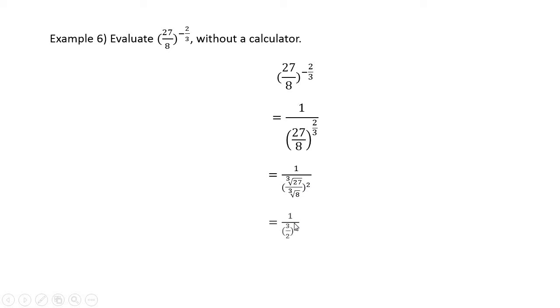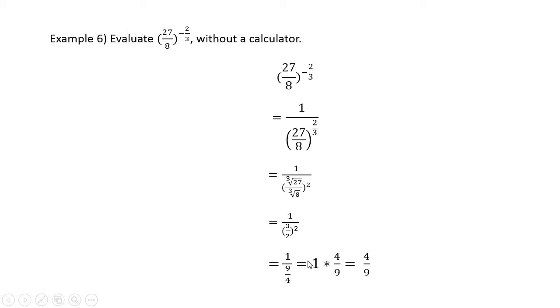The reason for that is I know the cube root of 27 is just a 3, the cube root of 8 is just a 2, and now I will apply the square to the 3 and the 2, and we'll get, just looking here first, 3 squared is 9, 2 squared is 4.